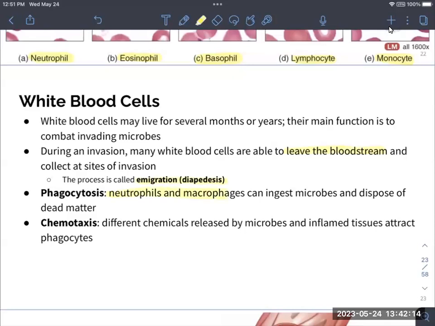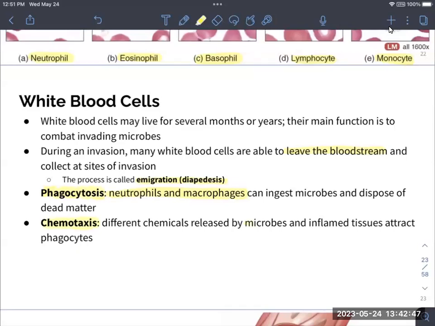Neutrophils and macrophages are the 2 that can do phagocytosis. So they engulf, they eat up any kind of microbe or pathogen and kill it inside of them. They do that through chemotaxis, which is when they find bacteria, viruses, different pathogens that have been released out by these microbes.